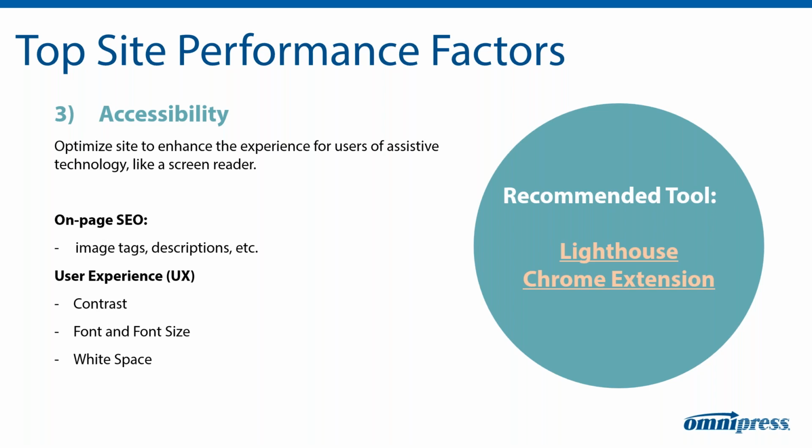The other thing that really affects accessibility, according to Google, is user experience. So that may be the contrast of your page. Do you have a contrasting foreground and background, or are you using like a dark blue background with like a medium blue text? That wouldn't show up very good. Fonts and font size. The font size has to be large enough to be easily read.